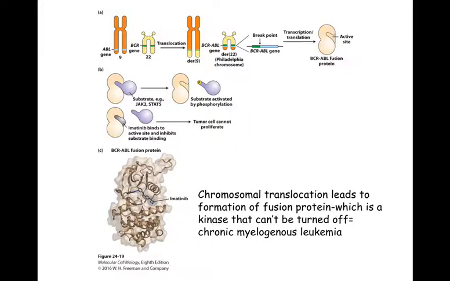Another thing that we haven't really talked about that can cause production of an oncogene is translocation. In other classes, in cell and molecular, in principles, and in genetics, you talked about how there's crossing over during meiosis, where homologous chromosomes switch parts of their chromosome arm from one chromosome to another.